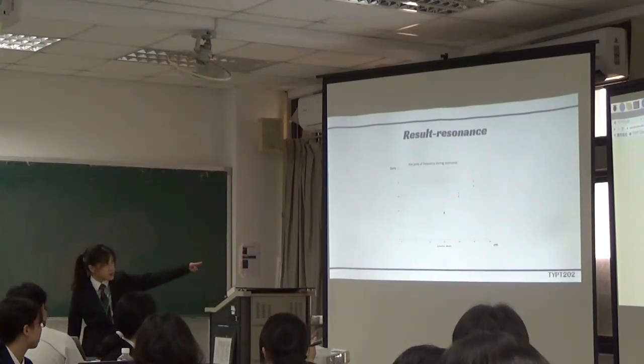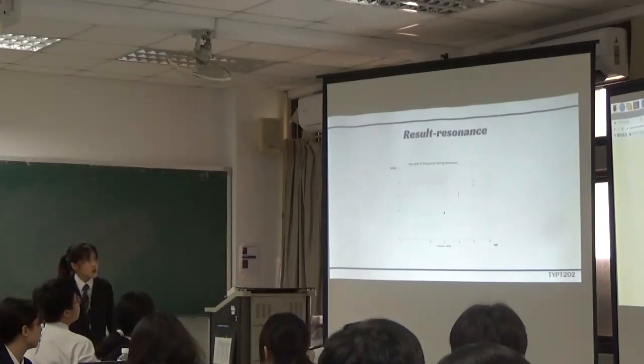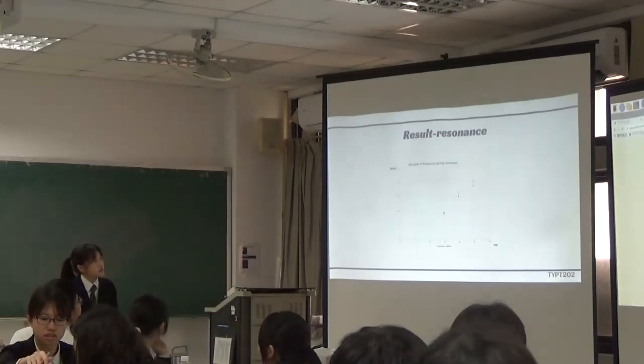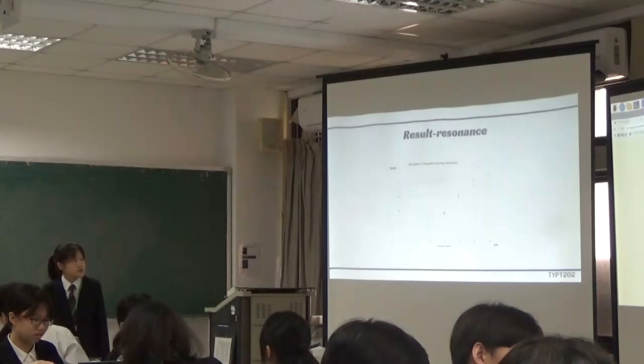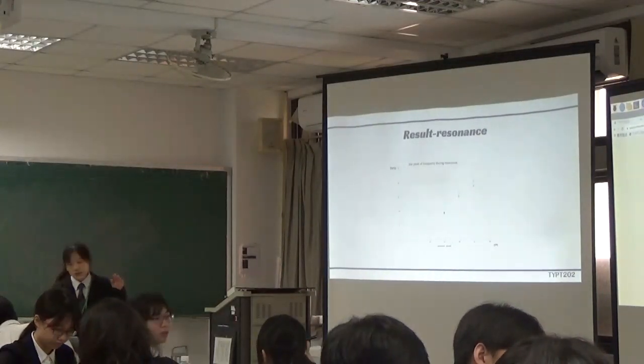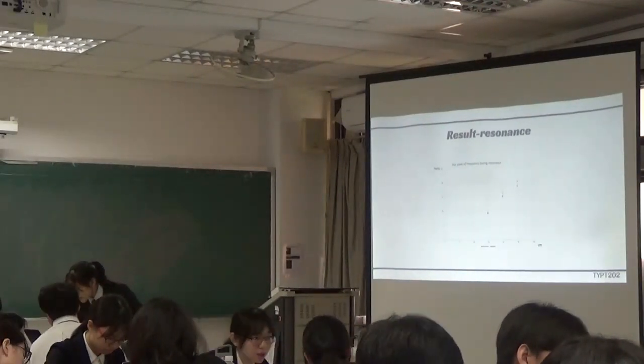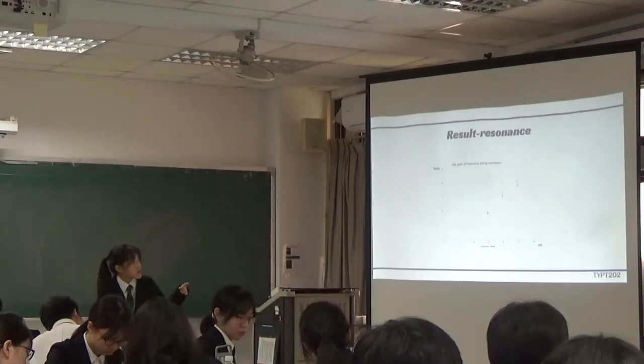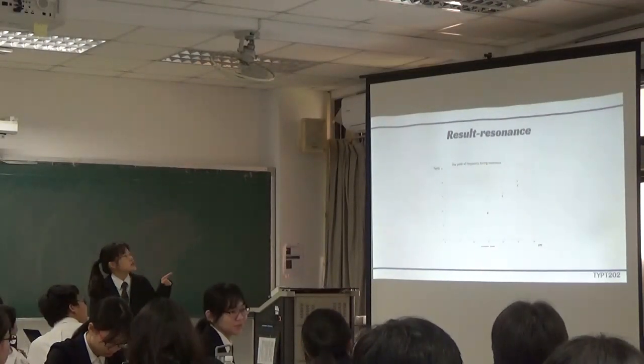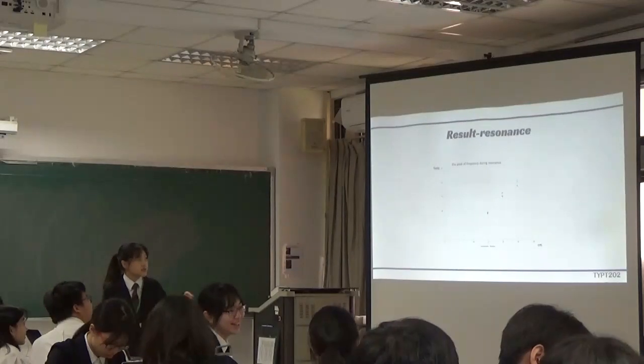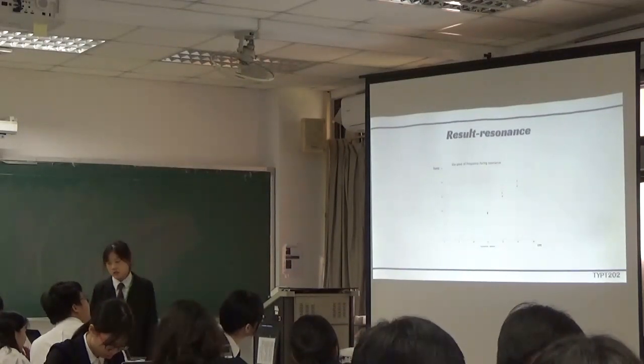The blue point is where I used Python to simulate the system, and the orange point is the real result in reality. So you can see that they almost match.